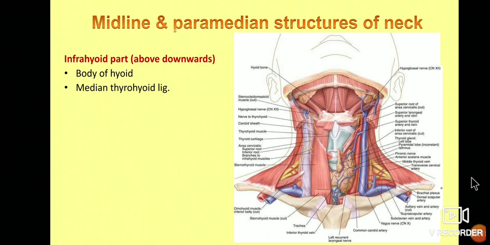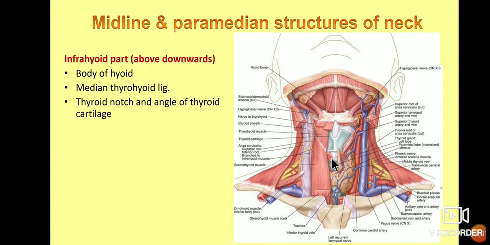This change occurs, whereas in females there is not much change in the angulation, and this is actually called the laryngeal prominence. That is the angle of the thyroid cartilage where the two laminae of the thyroid cartilage meet.